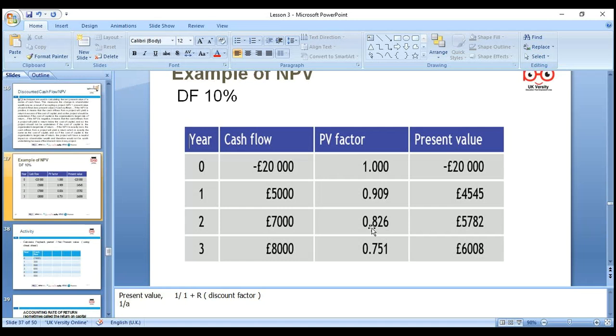So in the formula, 1 divided by 1 plus R. R is 10%. Can I write 10% as 0.1? Yes. So 10% means 0.1. So we divide 1 by 1.1.